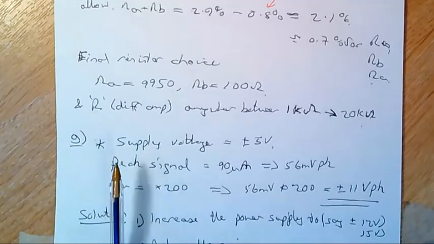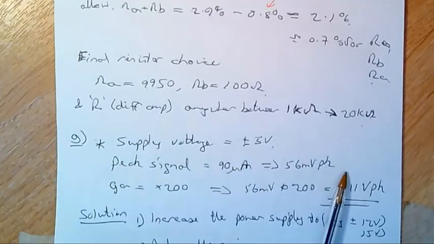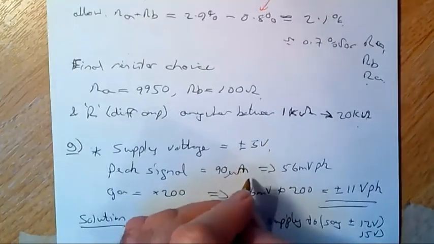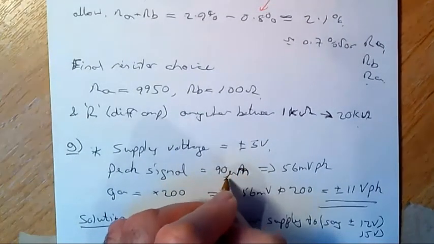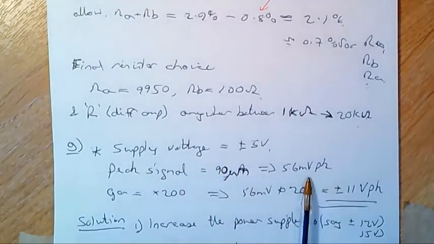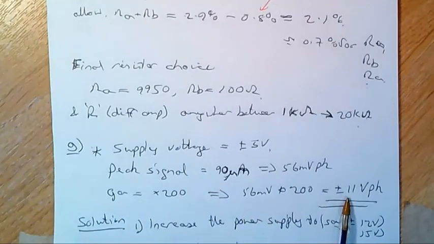It basically says, take the circuit as you've been defined. You've been told that a peak signal has got to be reproduced at 90 micrometers, which would give you 56 millivolts peak into the input. The gain is defined as 200 times, so you'd land up with plus or minus 11 volts peak coming out the output.